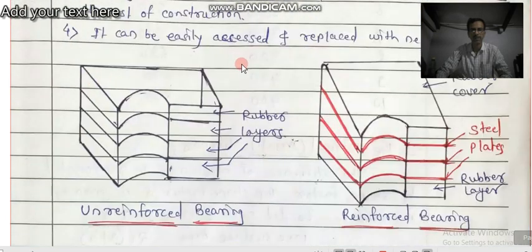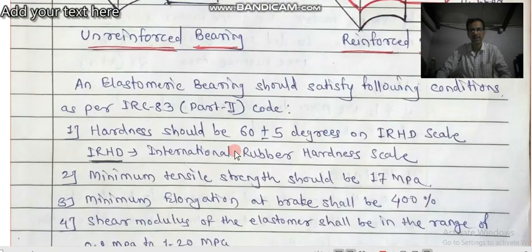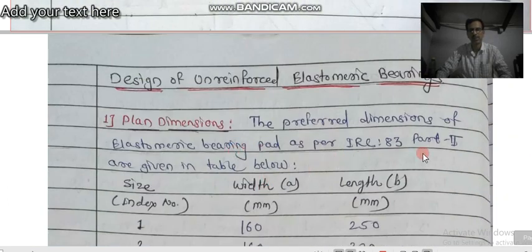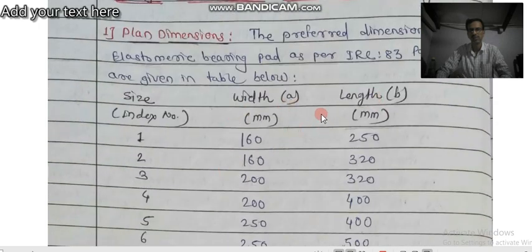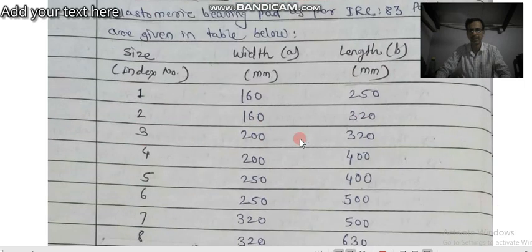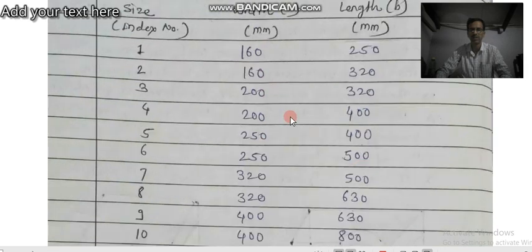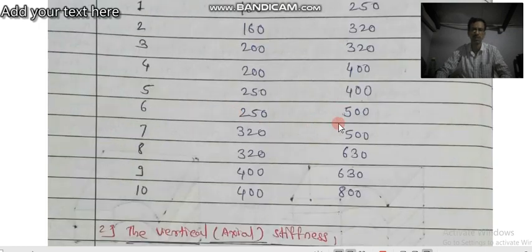This is the rubber pad, and these are the various dimensions: width of the pad, A, and length of the pad, B, in mm. For example, 160 by 250 mm, 160 by 320 mm, 200 by 320 mm, and so on. These are the various sizes, and we have to design the elastomeric bearing pad for the given sizes, or any one of the sizes.